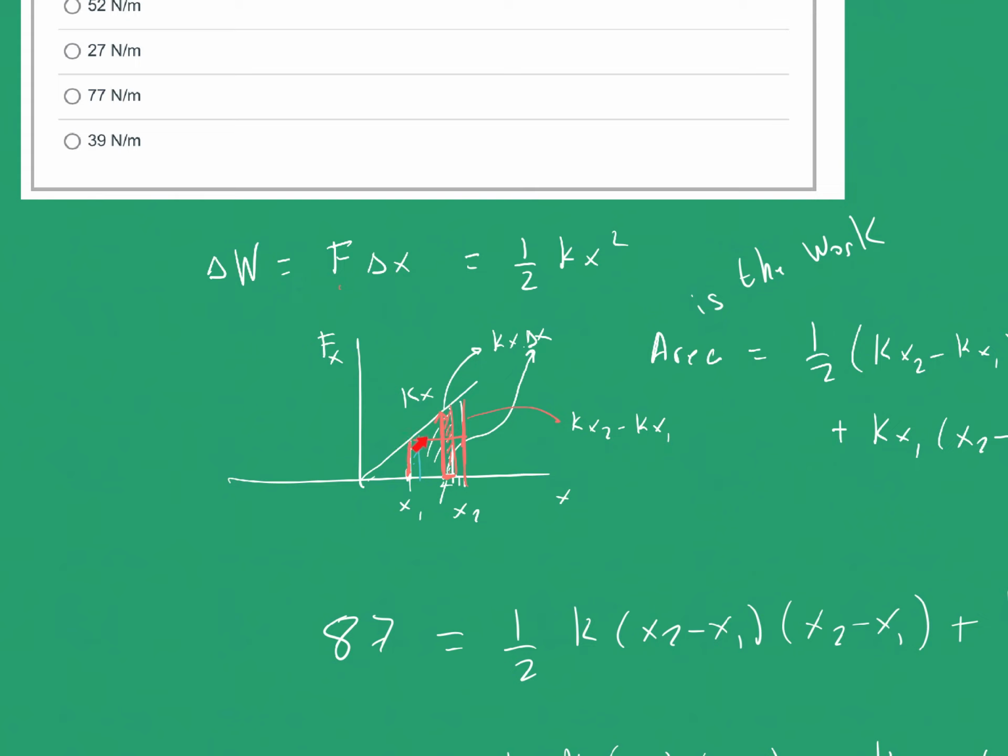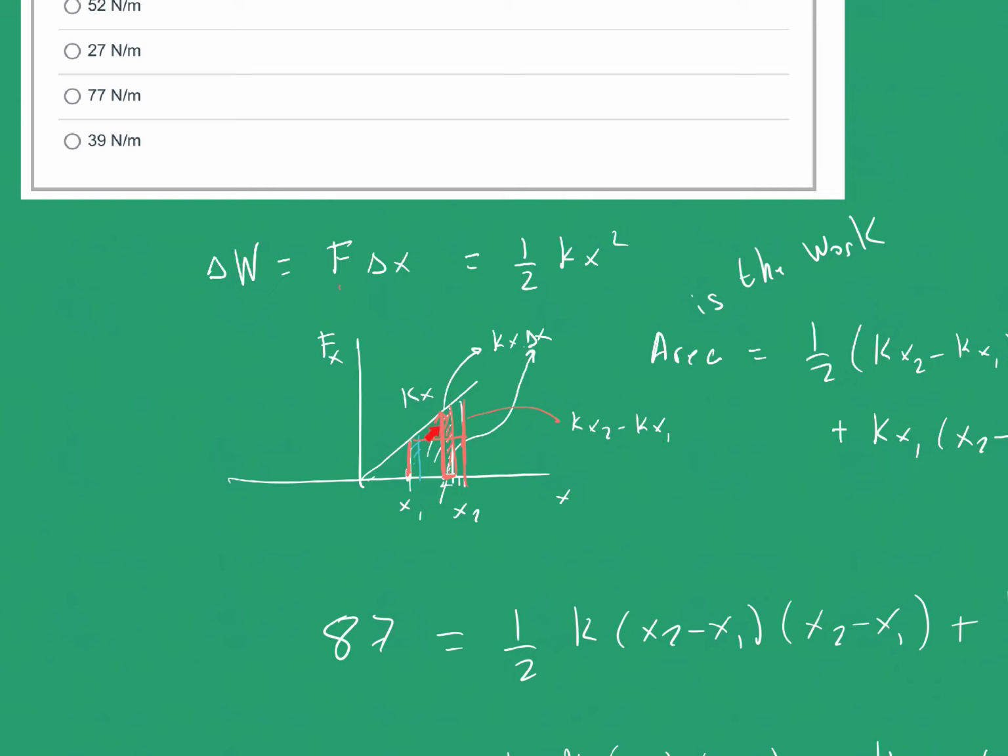The area of the triangle is 1/2 the base by the height. The height of the triangle is kx2 minus kx1. You see that this is kx2 from here to here. This is kx1 because I'm counting only the work from x1 to x2. So this is kx1, this is kx2, and this part here is kx2 minus kx1.